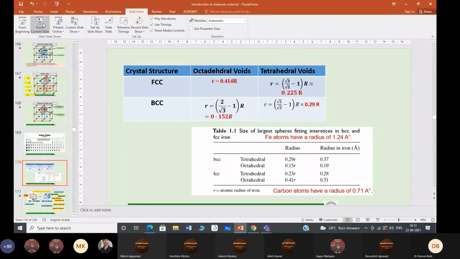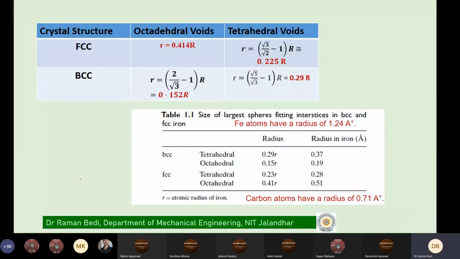The answer is that although there is a large difference in the radius ratio, the carbon atoms still try to accommodate in the voids. Let us say this is a carbon atom trying to accommodate in the void, with the iron atoms around it. Because its size is larger than what is permitted, it will push these iron atoms to the sides, or it will create what we call a lattice strain.